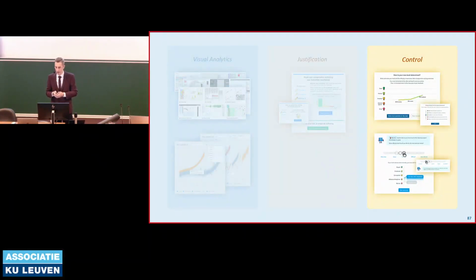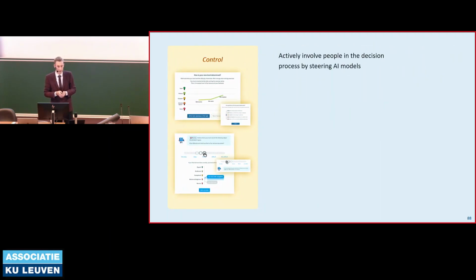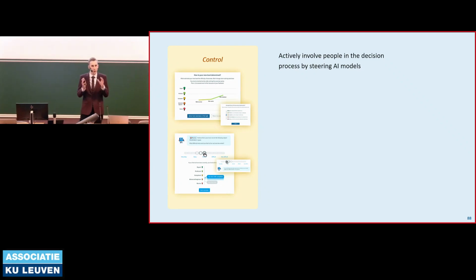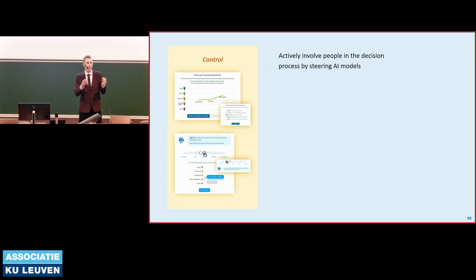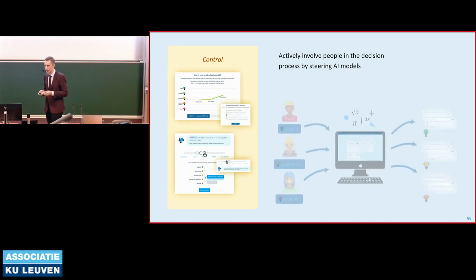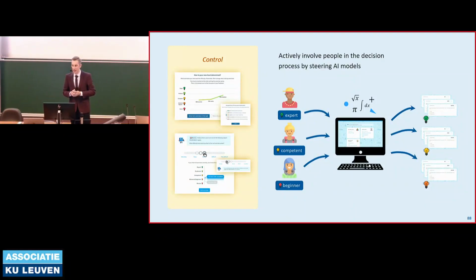Let's now check control. There's 2 studies, and control in general, what does that mean? I already talked about this. Control over the AI model to see what it's doing. We are trying to involve people in the decision process by allowing them to steer the model, changing some parameters, whatever. In the grand scheme of things, the scheme from before, again, just check the right side here.